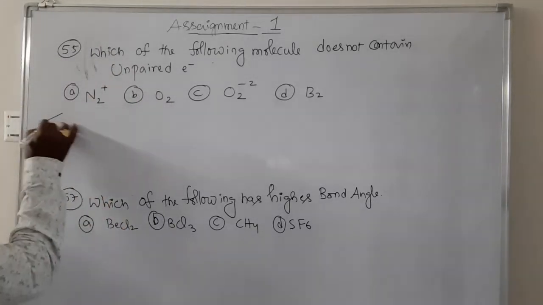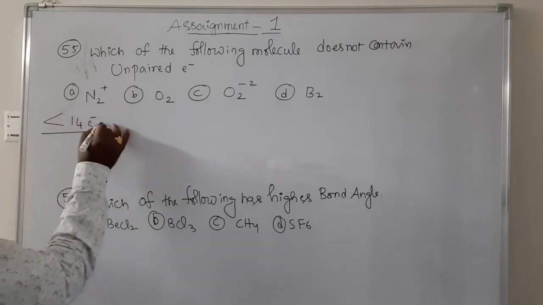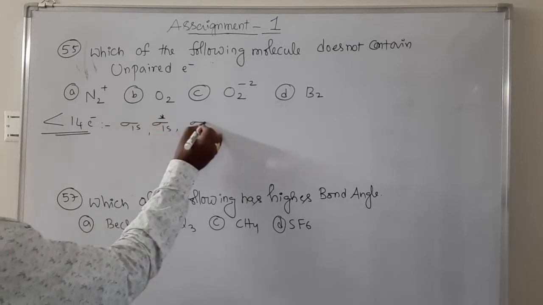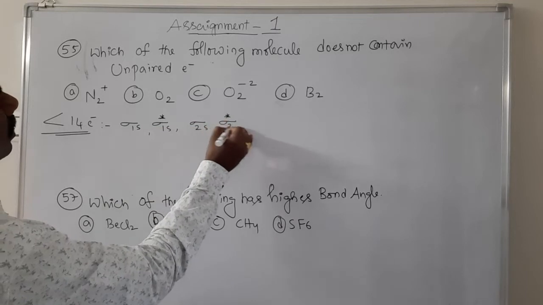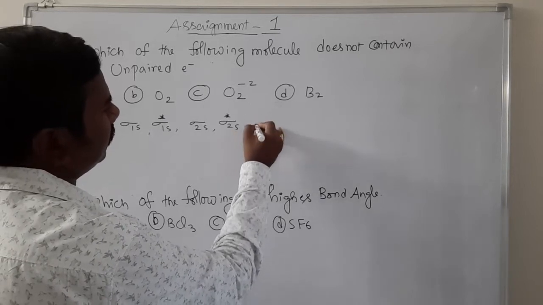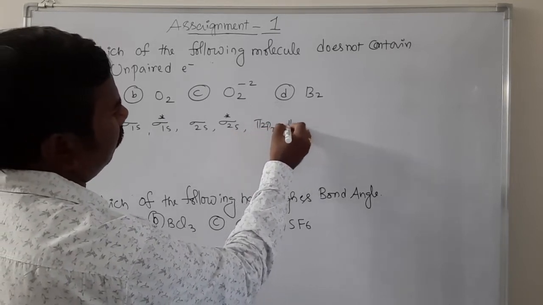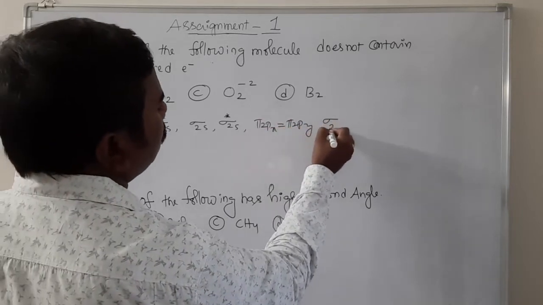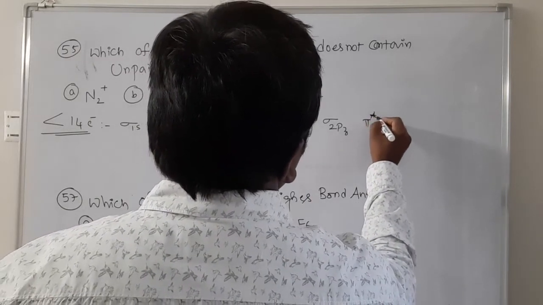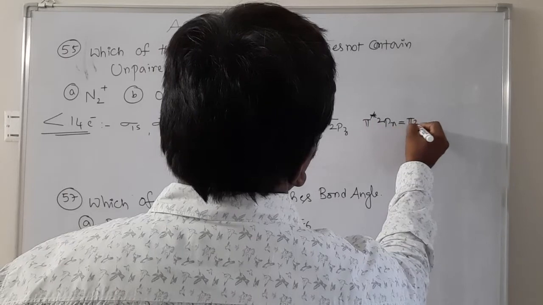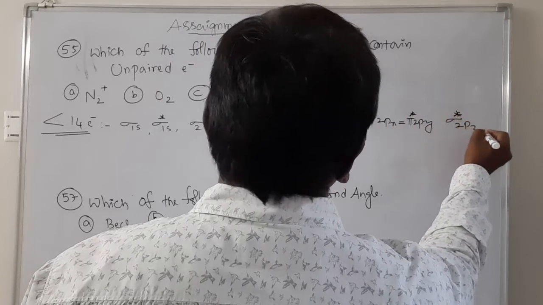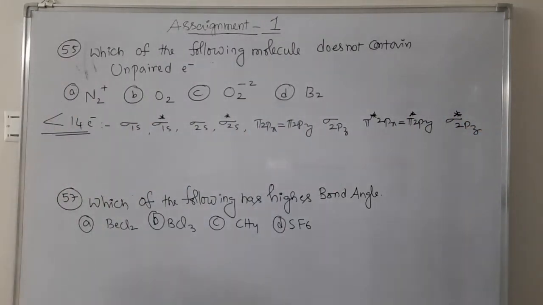For fewer than 14 electrons, the configuration will be sigma 1s, sigma star 1s, sigma 2s, sigma star 2s, pi 2px, pi 2py, sigma 2pz, next pi star 2px, pi star 2py and sigma star 2pz. This is the electronic configuration.